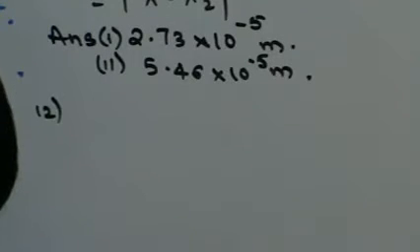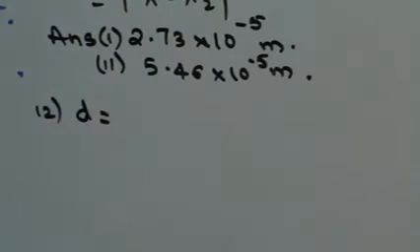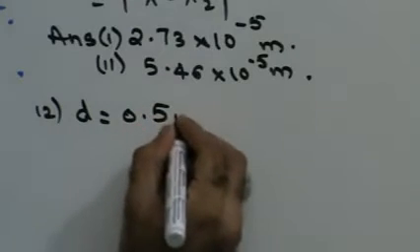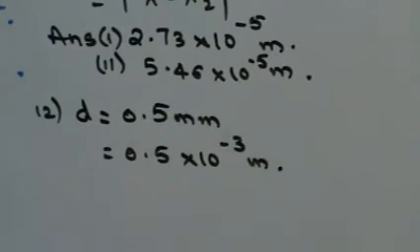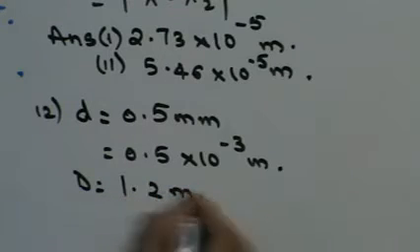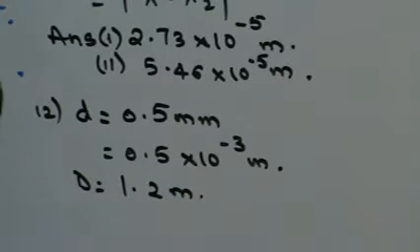In biprism experiment, the distance between the two sources is 0.5 millimeters, and between the slit and the eyepiece is 1.2 meters.